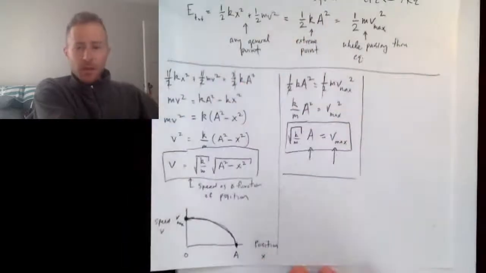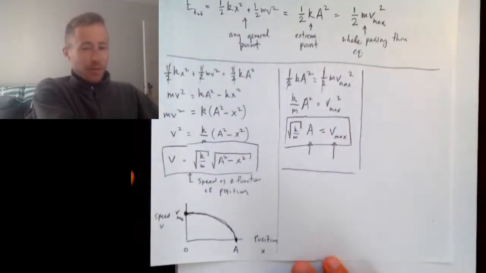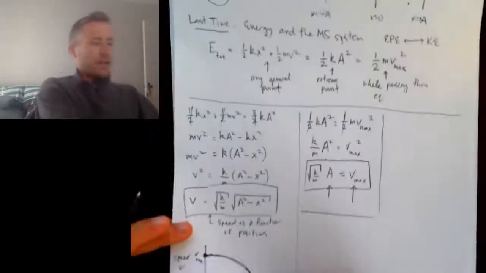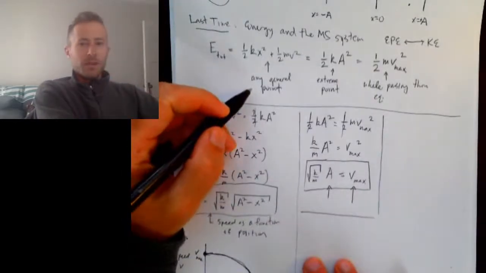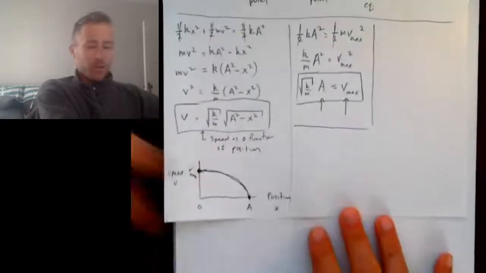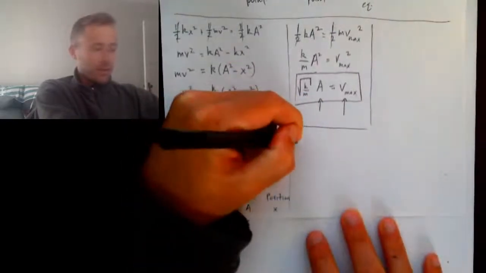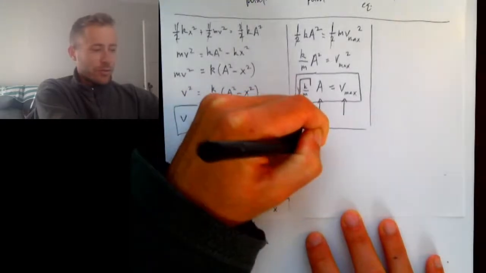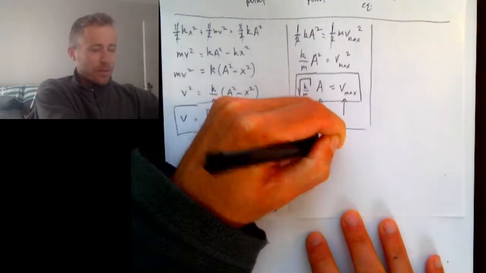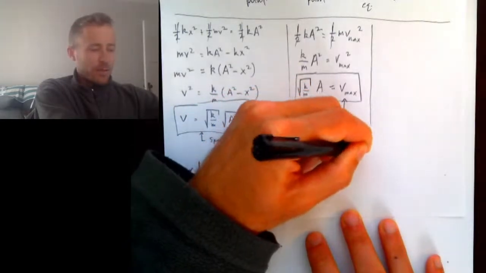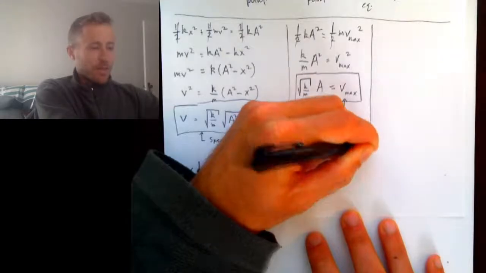Okay, so there's another equation we could get by setting the energy at a general point equal to the energy while passing through equilibrium. So that would be an equation like, 1/2 kx squared plus 1/2 mv squared equals 1/2 mv max squared.